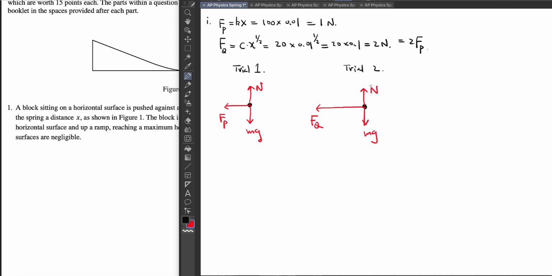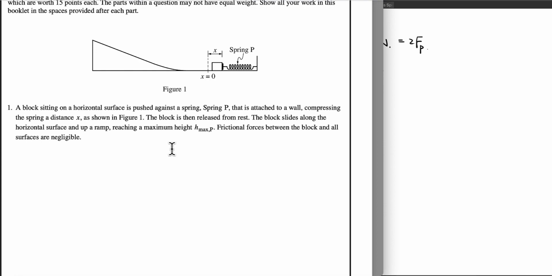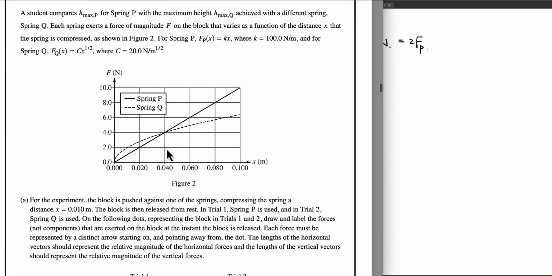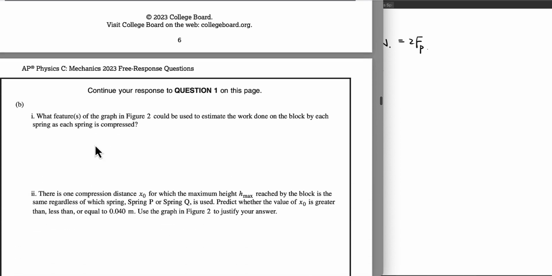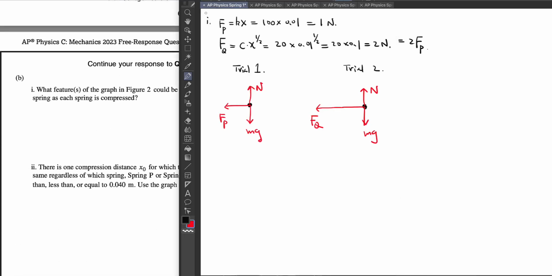That's also a normal force, the same length as mg. Okay, so that's all we have for the free body diagram for question A. And we do have 2 steps. Step 1 is figuring out the two forces, and step 2 is drawing the diagram.